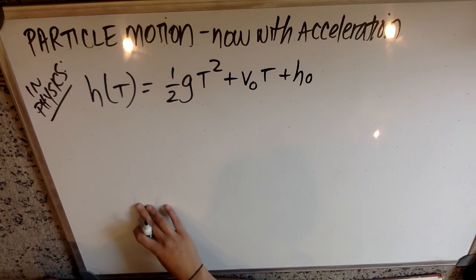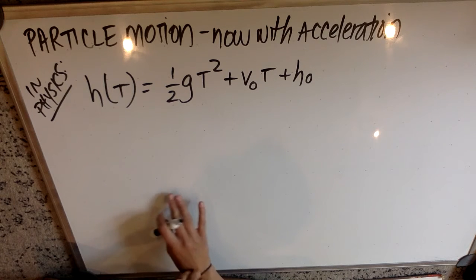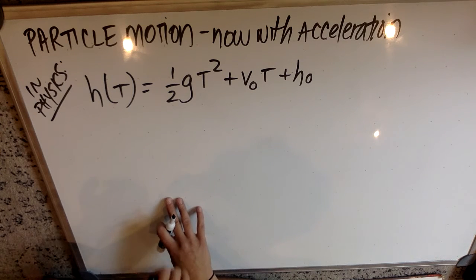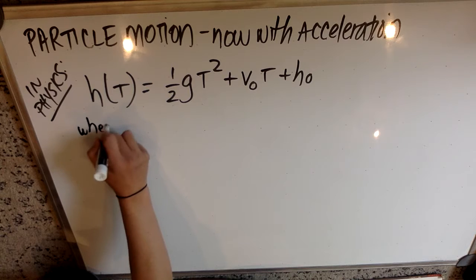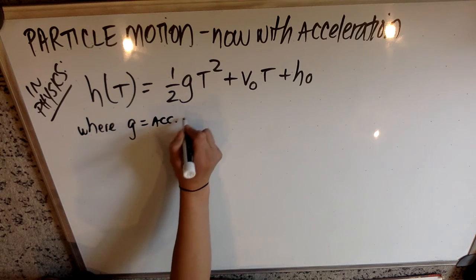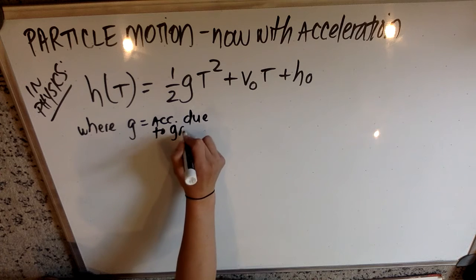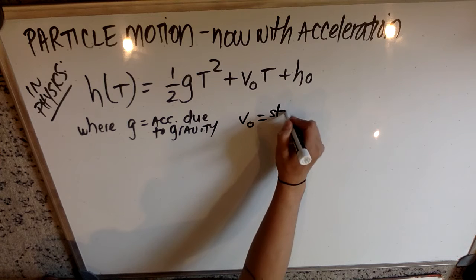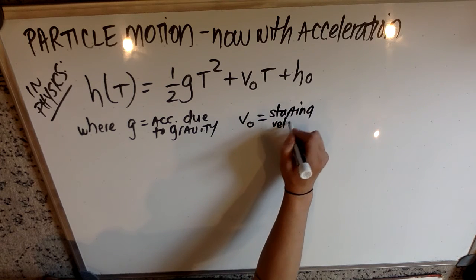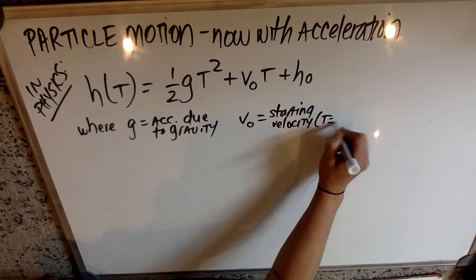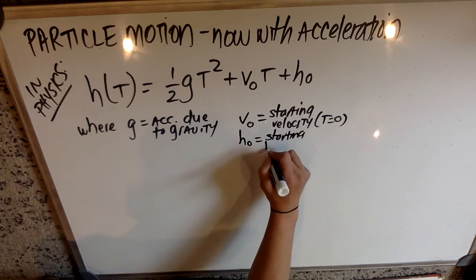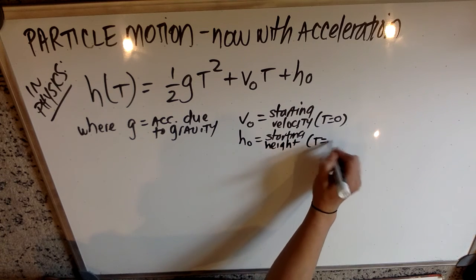is this formula. The height of an object in free fall is generally given as h of t equals 1/2 g t squared plus v naught t plus h naught, where we are told that g is the acceleration due to gravity, v naught is the starting velocity, meaning when t equals 0, or initial velocity, and h naught is the starting or initial height, which is also when t equals 0, okay?